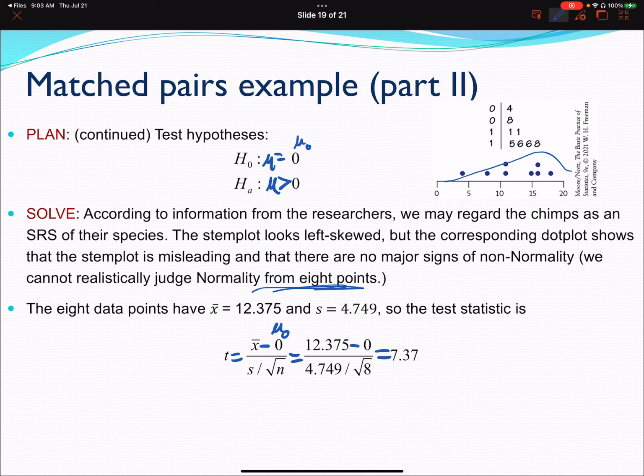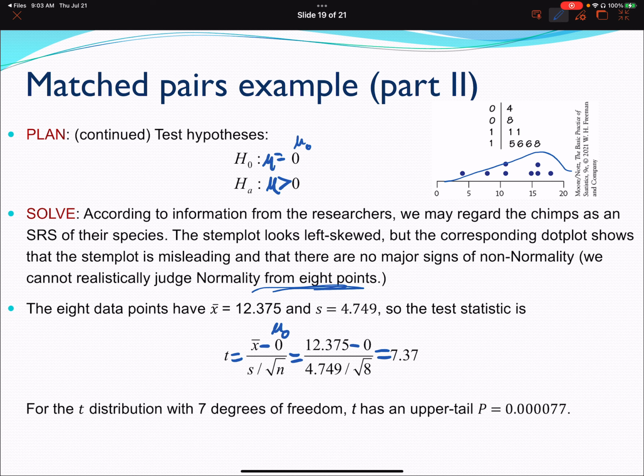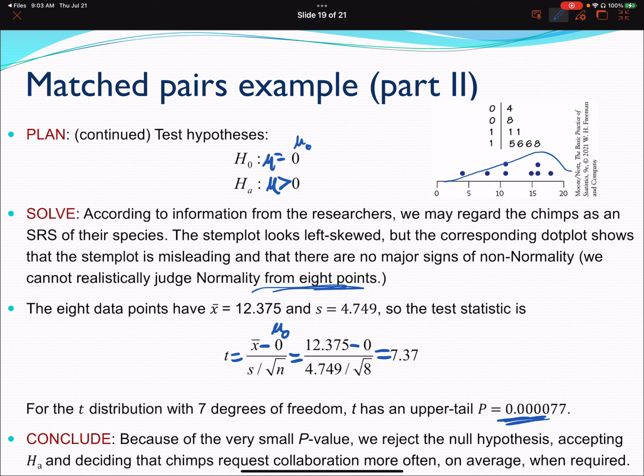For a t distribution with 7 degrees of freedom, this t has an upper tail probability of 0.000077. That's small, so we can reject our null hypothesis. Because of the very small p-value, we reject the null hypothesis, and decide that chimps request collaboration more often on average when required.